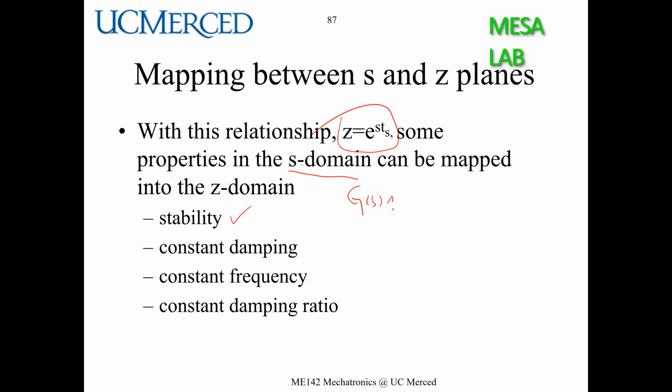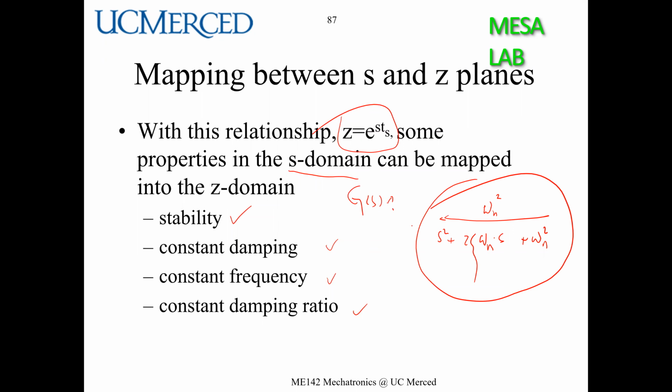So you can check stability, and also check constant frequency, constant damping ratio, that kind of stuff we have learned in a second order system. So if you check omega_n squared over s squared plus 2 zeta omega_n s plus omega_n squared, this is a typical second order system. Usually we use this one as a role model so that we want the system to behave like this. Then design a controller to achieve that.